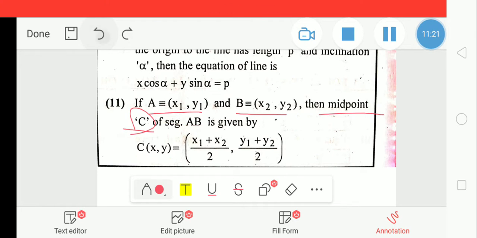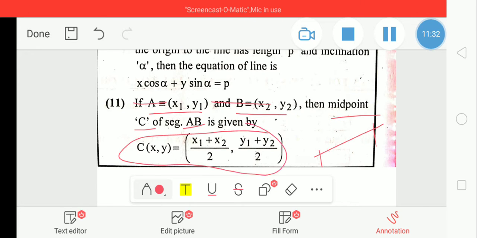So A and B are two points, and C is the midpoint of segment AB. We find the midpoint using this formula.